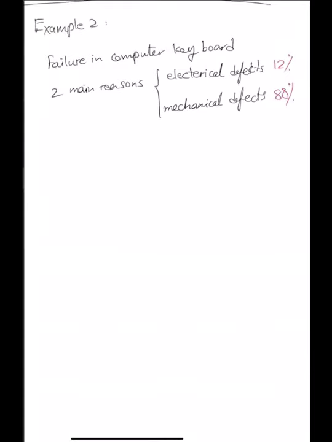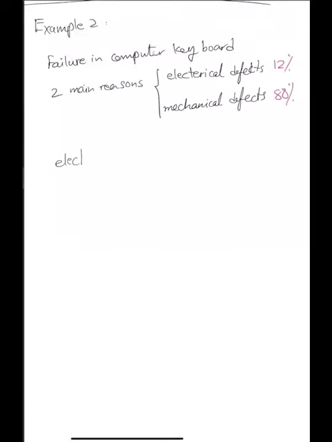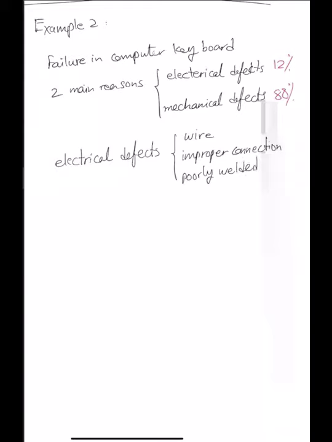Now, out of electrical defects, every defect that is electrical is caused either by wire, or by improper connection, or by poorly welded wires.